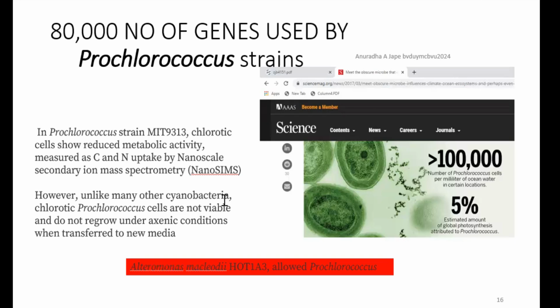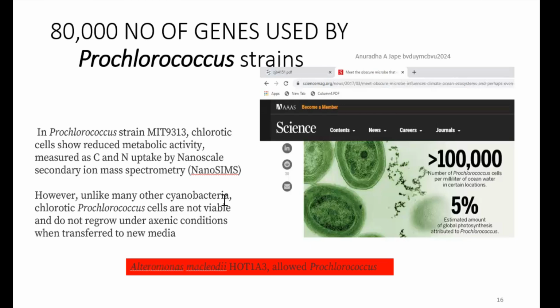But the concern is these are the species which are going to be fixing the atmospheric carbon and, being chlorophyll containing, their respiratory mechanisms are combined with photosynthesis, and they are going to contribute to the carbon content of the seawater. Okay, so see the number of cells per unit volume, 1 lakh per millilitre. So what is the difficulty in making them grow in the laboratory? Let's know this interesting story.